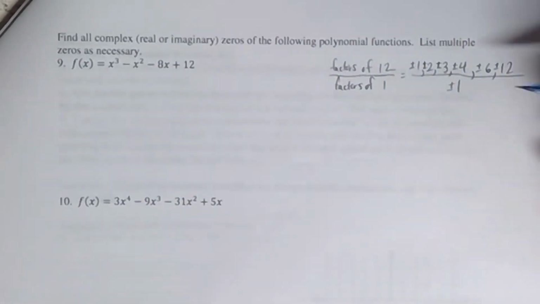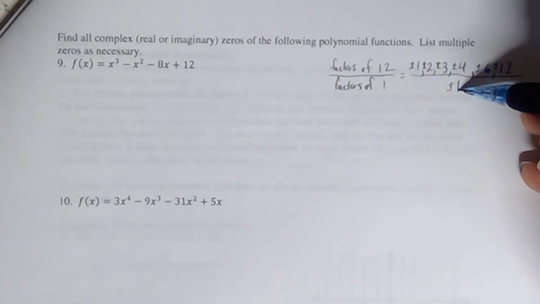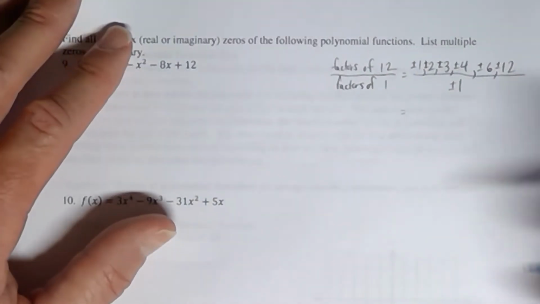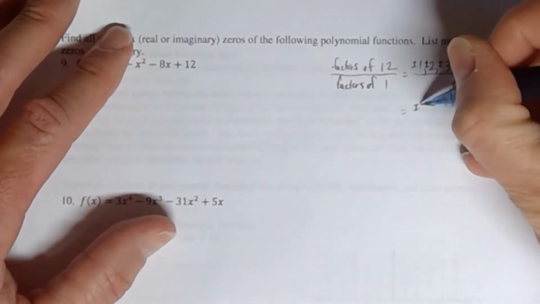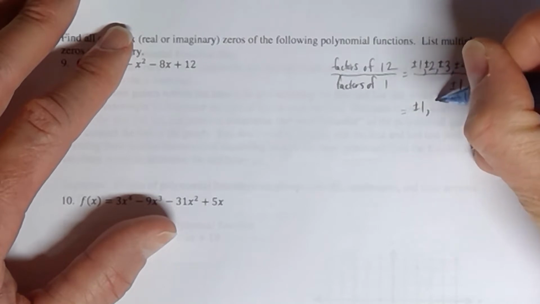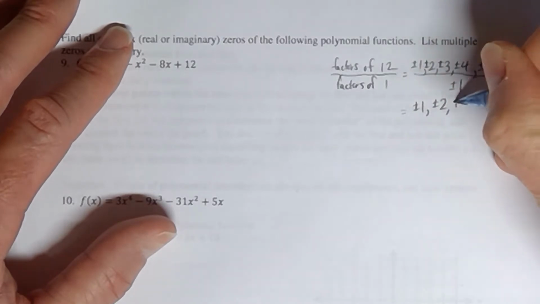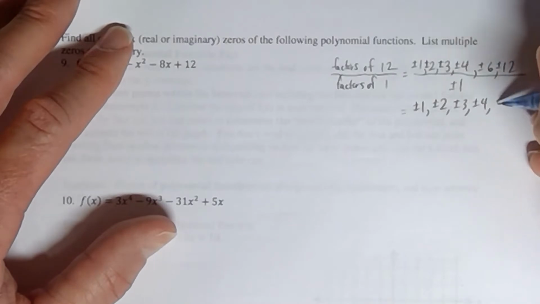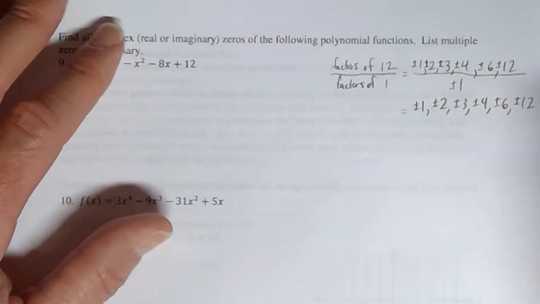However, if the bottom is just plus or minus 1, then the top ends up being all your different possible combinations, because when you divide by 1, that doesn't change anything, does it? And if you divide by -1, because we've already considered both positives and negatives on the top, that's not going to matter in this case either.